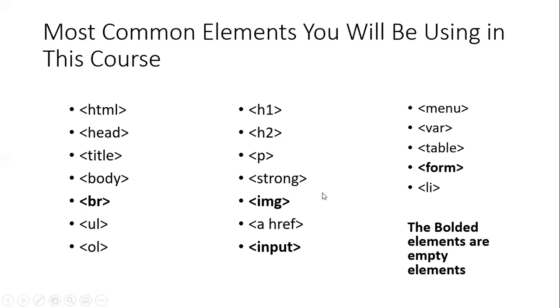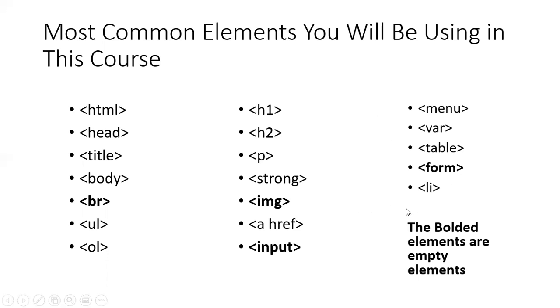And I bolded elements where they're empty elements, and so these are just elements where you only need to print the opening tag, and then you specify within the tag what content you actually want it to pull in or provide, like an image, or some kind of input or form where people put in data, but it might not actually say something for them. It might just be the blank where they enter the data, for instance.